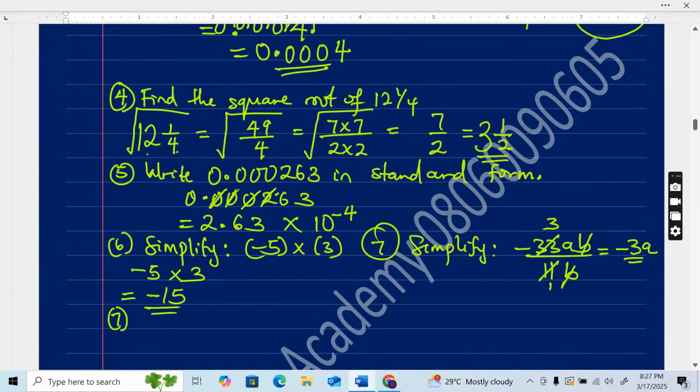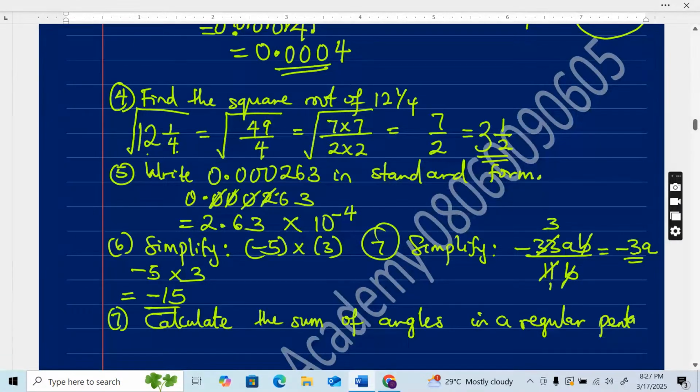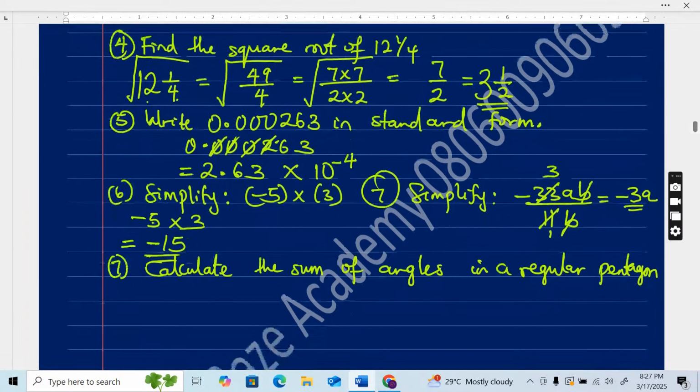Now, the next question: calculate the sum of angles in a regular pentagon. Now, a pentagon has 5 sides.